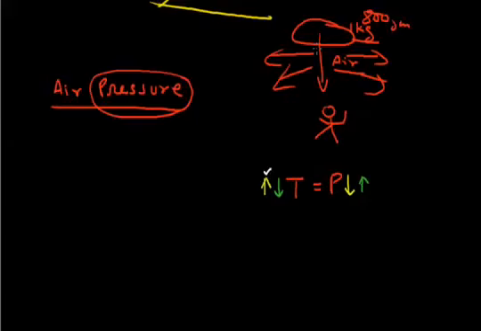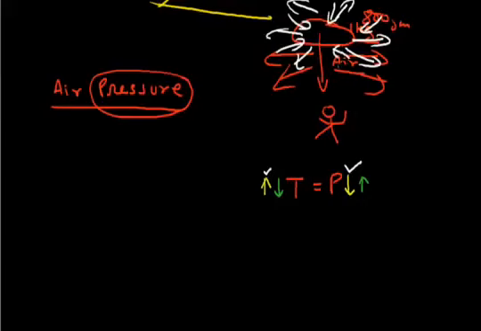If the air scatters to other sides, the pressure goes down. That's why we feel less pressure. But if the temperature is low, then air from other sides comes to these sides and we feel more weight of air. So the pressure is high. So the relation between the temperature and pressure is just opposite to each other.